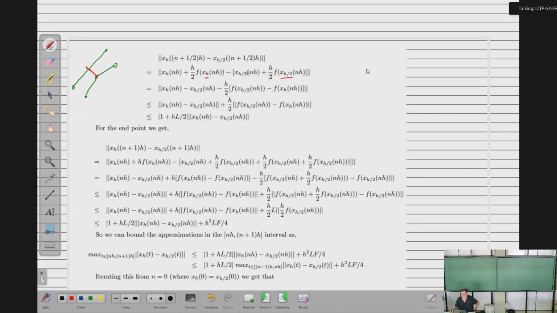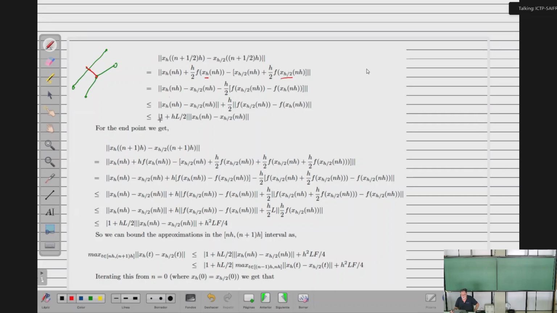And so we rearrange things here, and we take this minus this, and then the terms which have h, like that, right? And then we use the triangular inequality to get this in here plus this in here with h over 2. And here we have f into these 2 points. So here we use the Lipschitz condition to say that this is less than the interval between this and this.